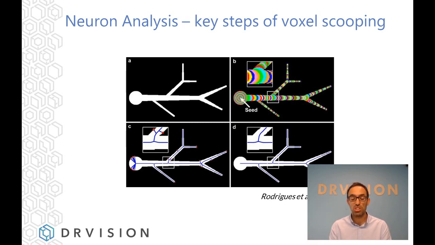Each time it scoops, or each time it samples a group of voxels, it looks at that group of voxels and calculates the mean intensity for that group, and if it is above a certain level that we can specify in the software, it assigns it to dendrite, and if it's below a certain level, it assigns it to background. And if it's between these two, it can still assign them to either background or to the dendrite, depending on the offset value that you set. So it's really, really robust, also at detecting branches and cross points.